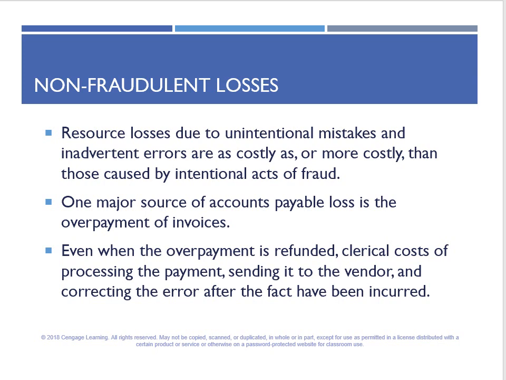So for example, we may pay the supplier twice for the same thing. It helps with ERP systems that they keep track of that, so it flags that you cannot make a second payment on the same invoice.